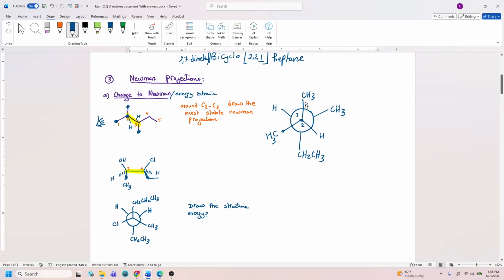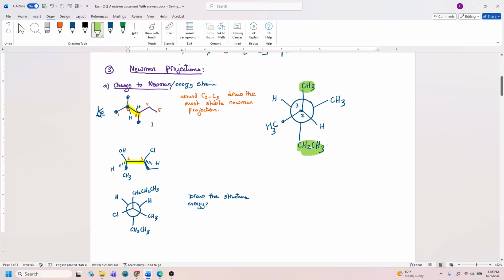They need to be 180 degrees away from each other. I cannot call this anti because you do have other groups in here. You do have a CH3, another CH3, so you have gauche here and gauche there. But still, these two groups are 180 degrees away from each other. So I would say this one is going to be the most stable Newman projection for this structure.